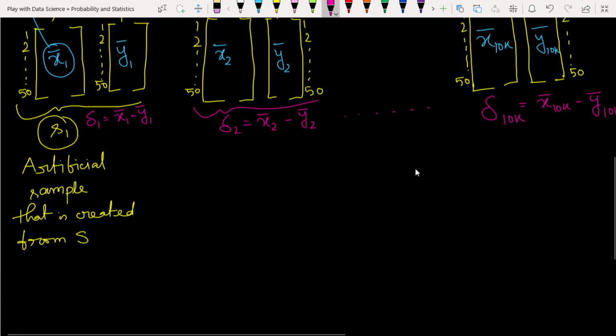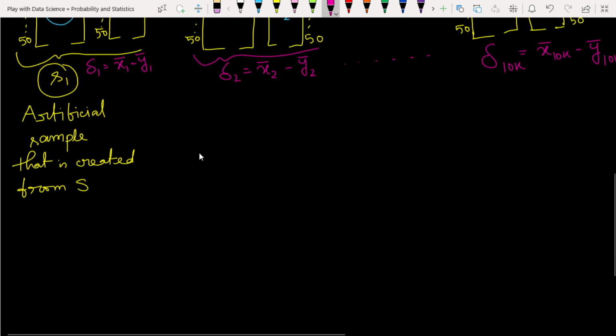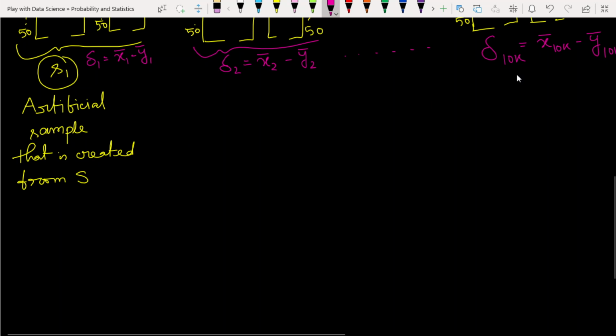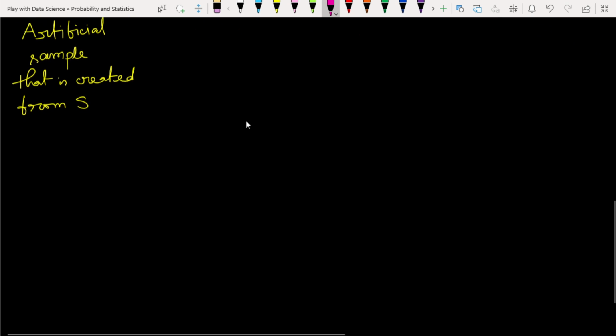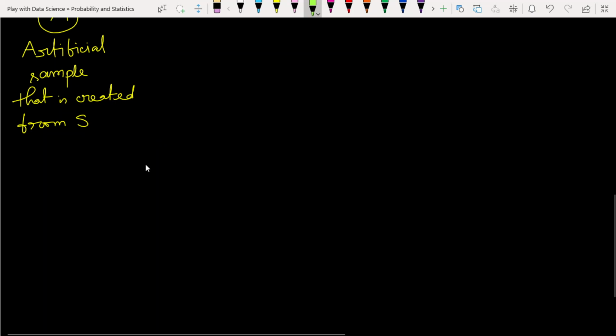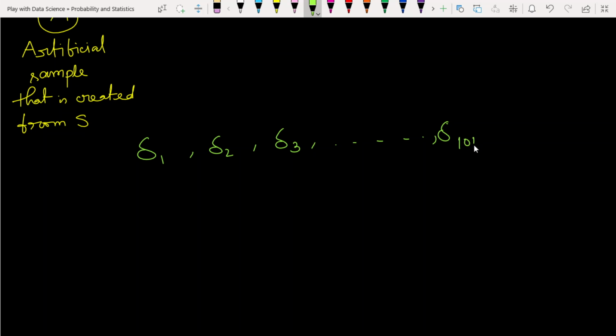Okay, that's the next thing we have to do. After finding this, we will get such 10k delta values: delta 1, delta 2, delta 3, up to delta 10k.